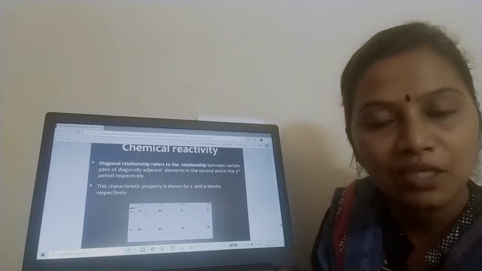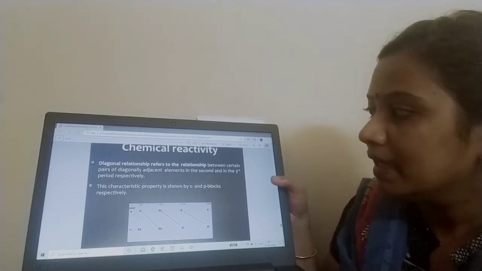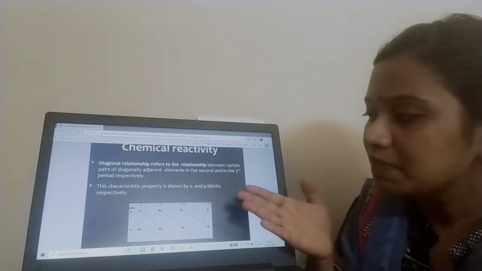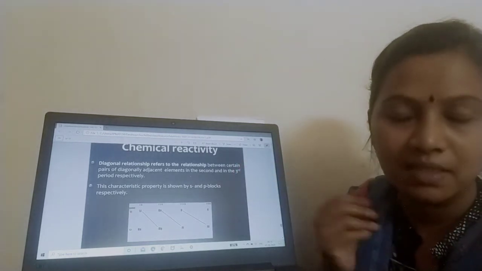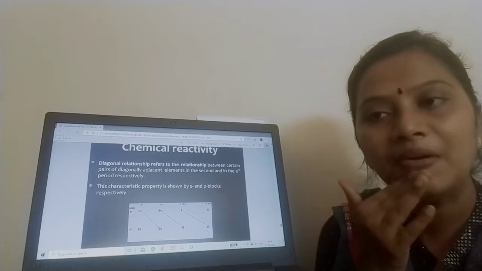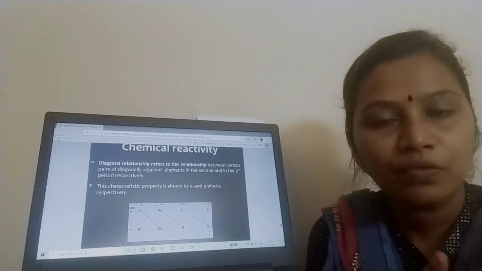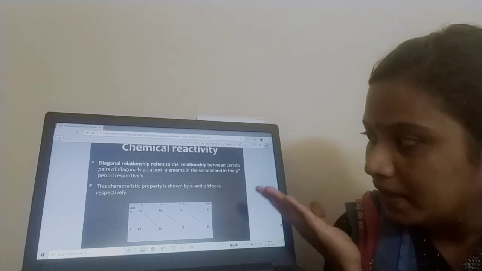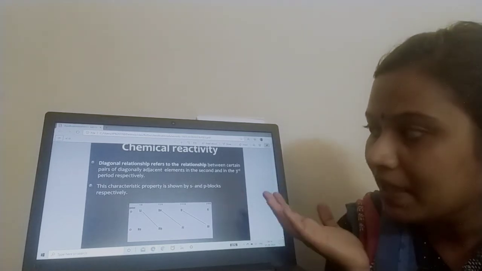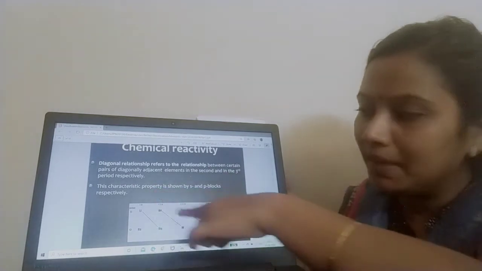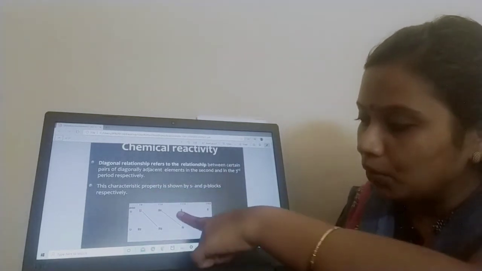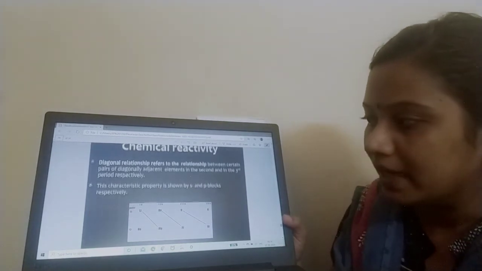So diagonal relationship is exhibited by elements present in the second period and in the third period, especially between s and p block elements. If they ask you for examples of elements which show diagonal behavior: lithium and magnesium, beryllium and aluminium, boron and silicon. They exhibit diagonal relationship.